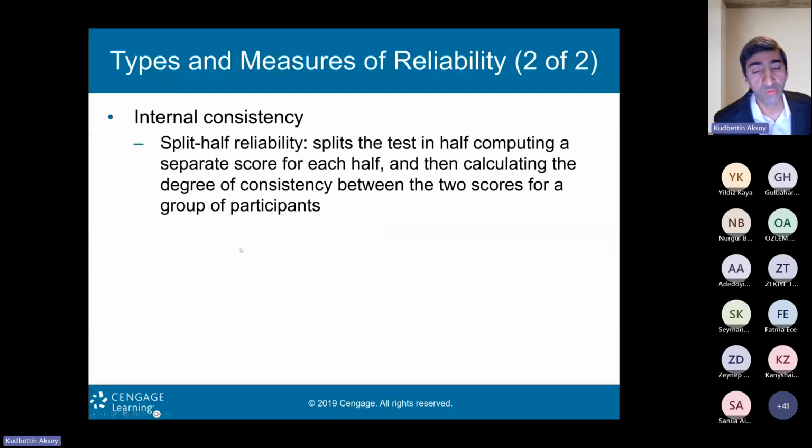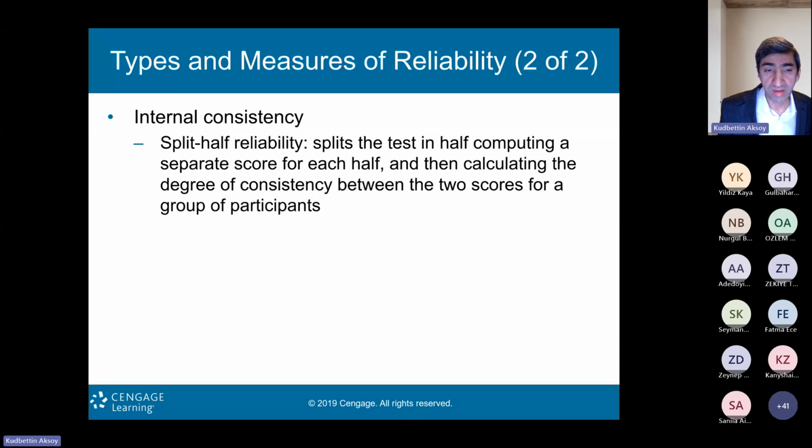But the most powerful one comes from the fact that a lot of times we don't have the luxury of giving the test more than once. What Cronbach did, when measurement theory was very popular in the second half of the 20th century, was take each item and treat it as if it were one administration.